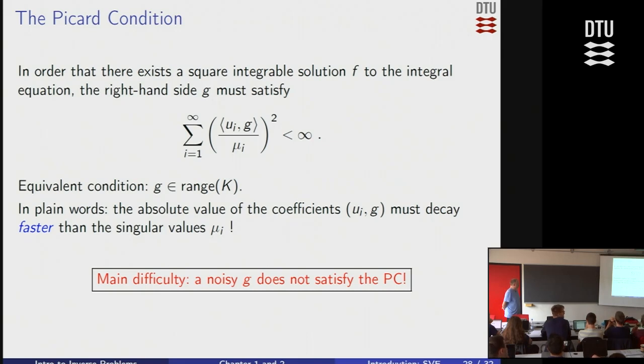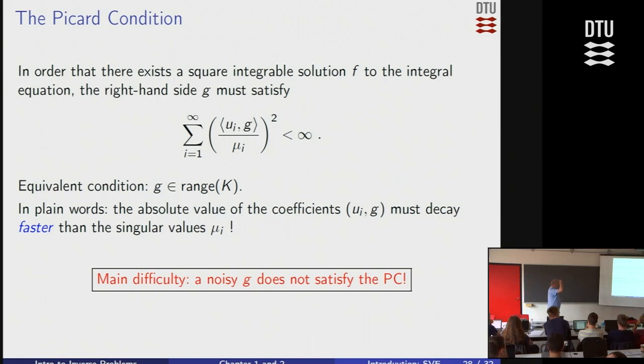And we'll see later that we have a corresponding discrete Picard condition in the world of matrices and vectors. We'll get to that. But I wanted you to see that this particular condition comes from the problem itself. It comes from the singular value expansion associated with the kernel of the integral equation.